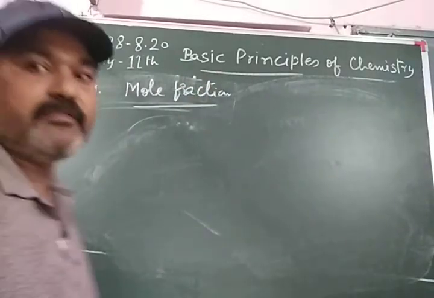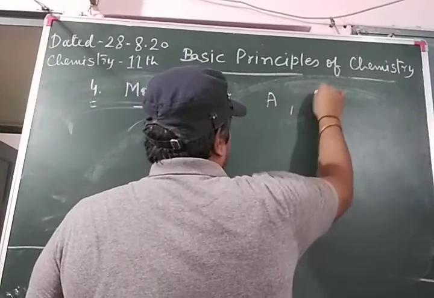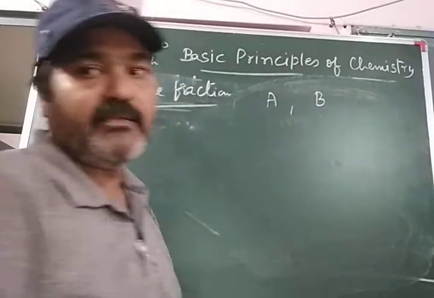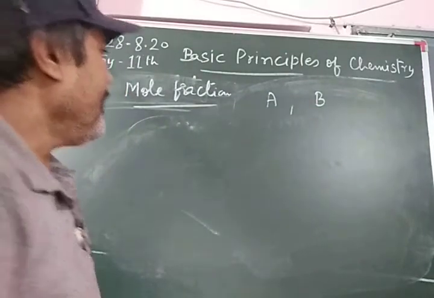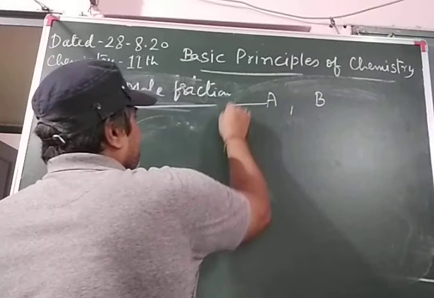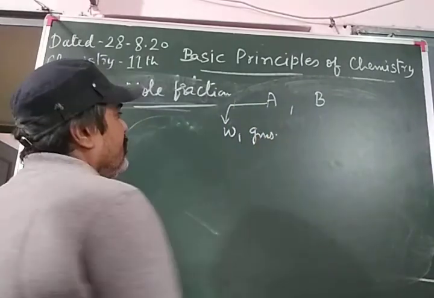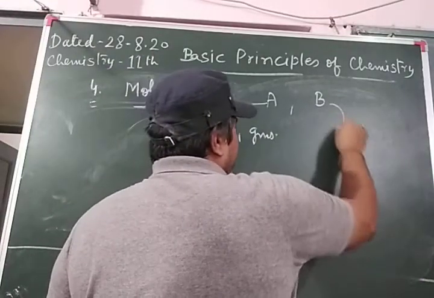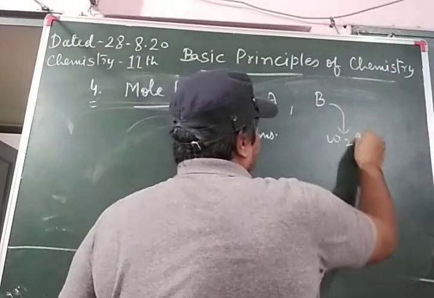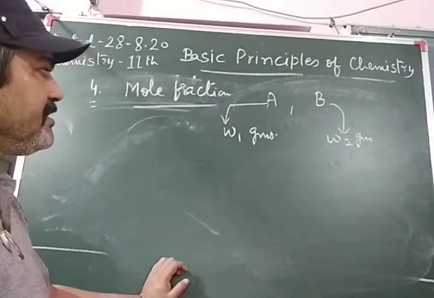Suppose we have a solution which consists of two components A and B. Clear? And let W1 grams of A is dissolved with W2 grams of B. Clear?